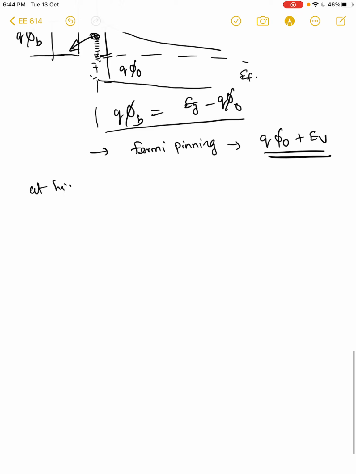At high DIT, the Fermi level in the semiconductor is pinned. This means that no doping density will also change the Fermi level at the interface.